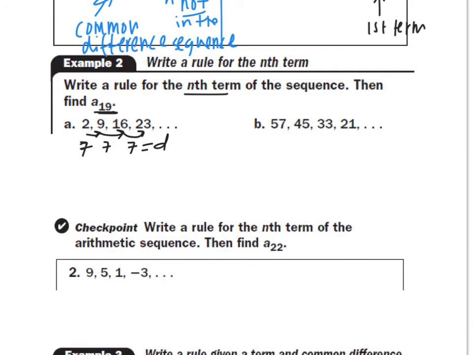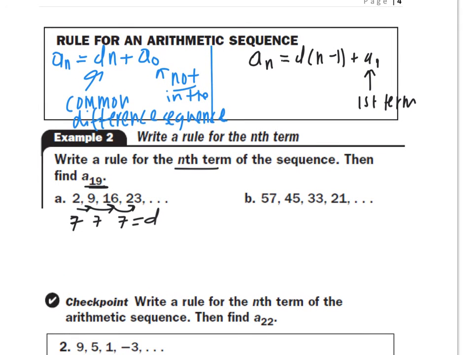So I'm going to use the second formula to figure out our formula here. So now we've got a to the nth term. Our difference is 7, n minus 1, plus the first term, so a1 would be 2, so plus 2.